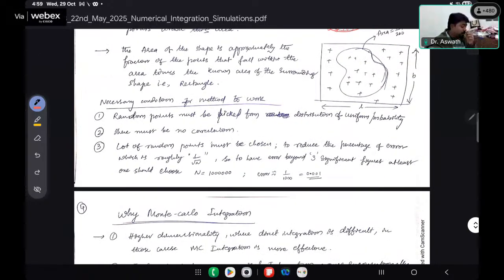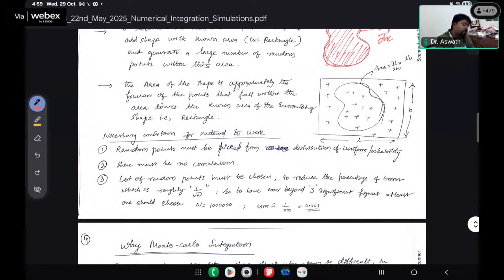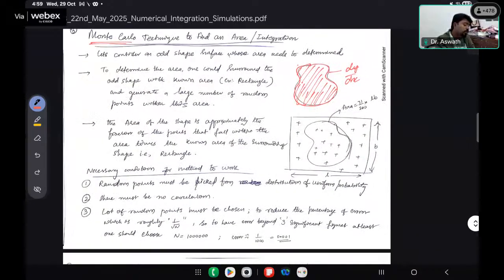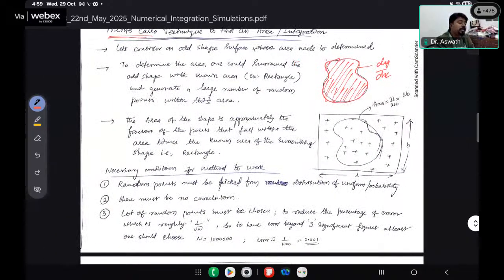So the ratio of the number of random points falling in, divided by the total number of points, is actually the ratio of the area of this odd shape divided by the entire area of this rectangle in this case. In that way, we can do Monte Carlo integration without bothering about integral techniques.